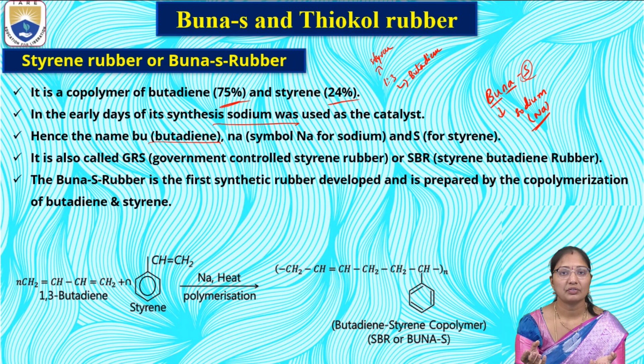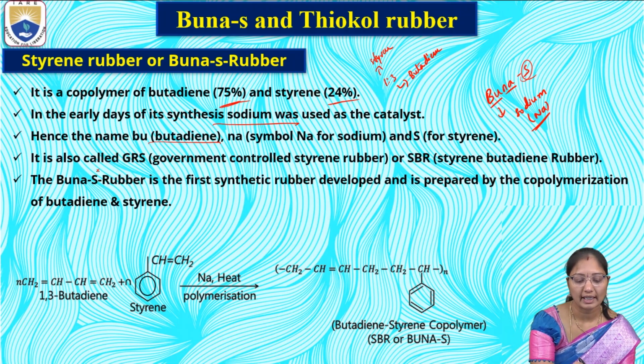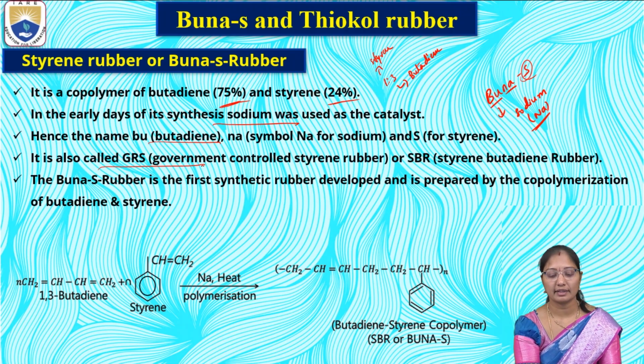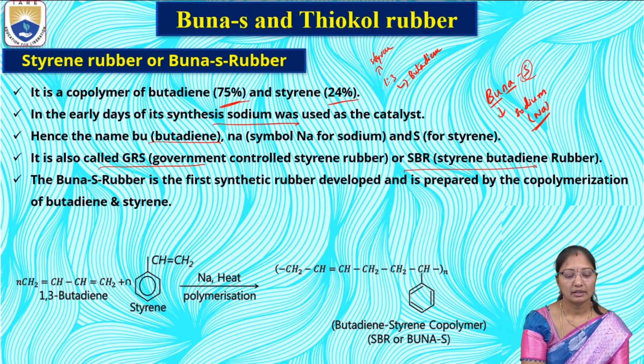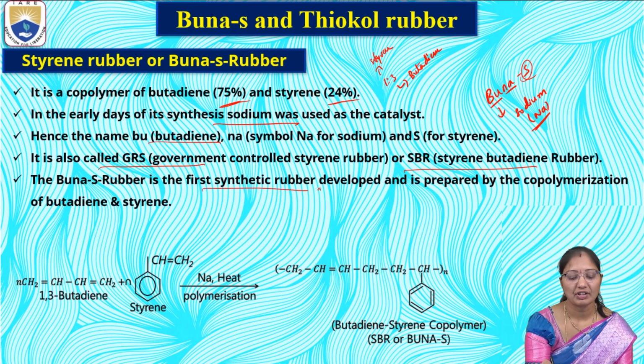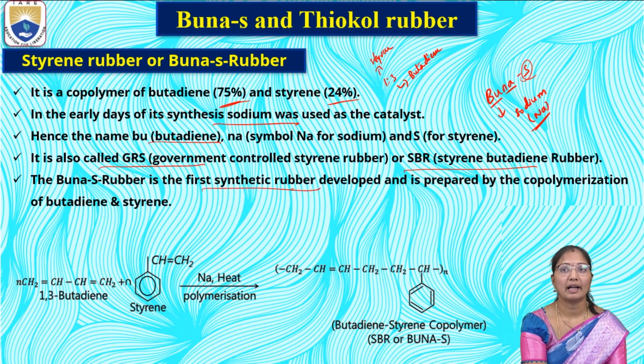So the monomers are different, then it is a copolymer rubber. It is also called government controlled styrene rubber or SBR, styrene butadiene rubber. This Buna-S rubber is the first synthetic rubber developed and prepared by the copolymerization process of butadiene and styrene.